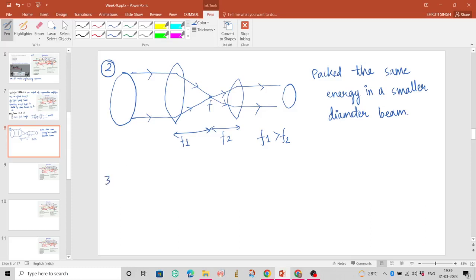And the third case which can happen, the reverse one: if this one is of smaller focal length, and this lens is of larger focal length, then the beam will be expanded.